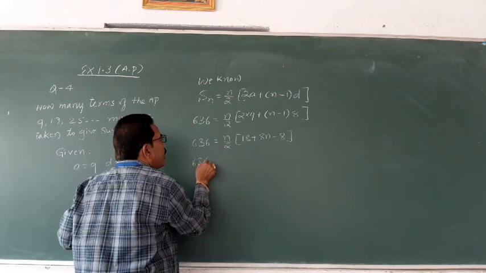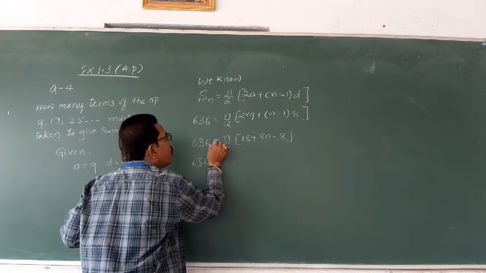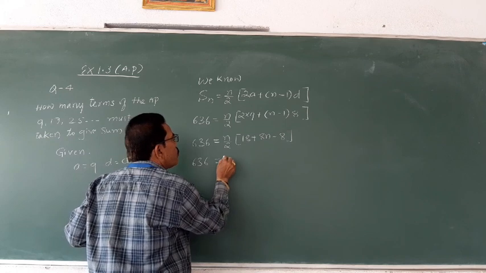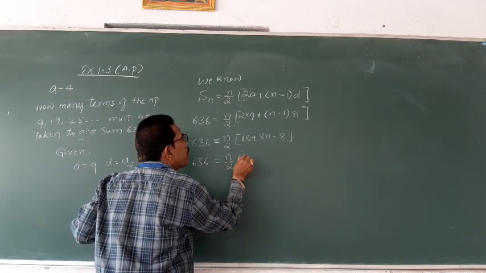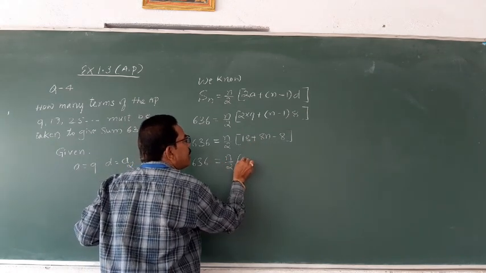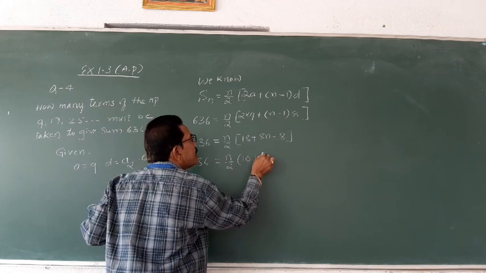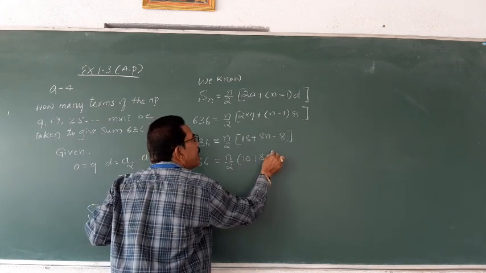So 636 equals n by 2 in the bracket 18 minus 8, that is 10, plus 8n.